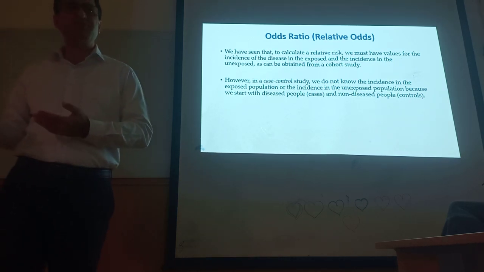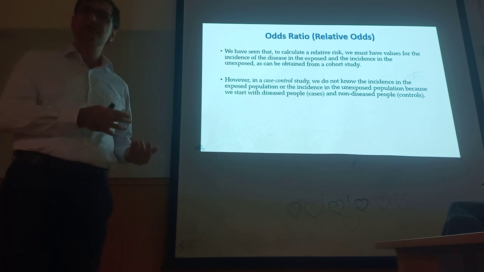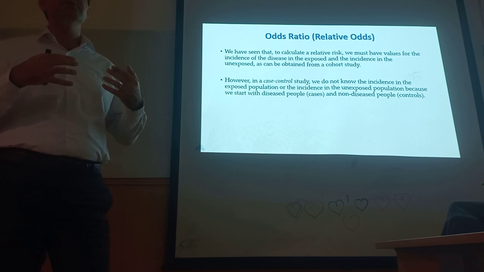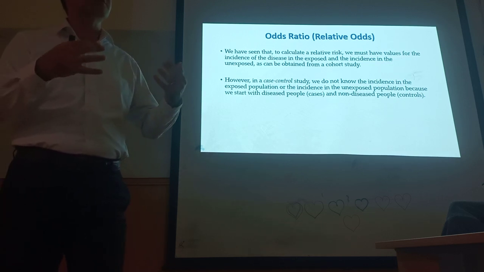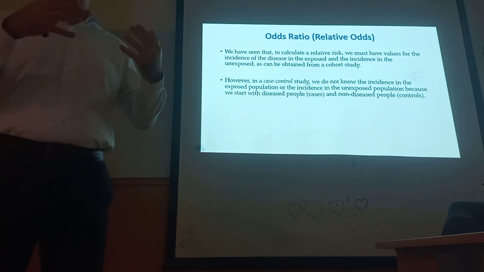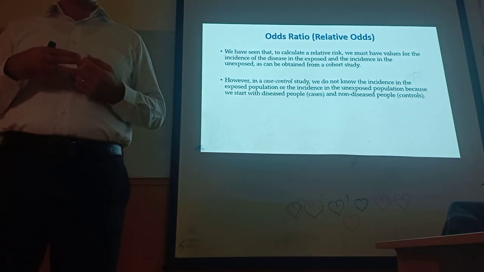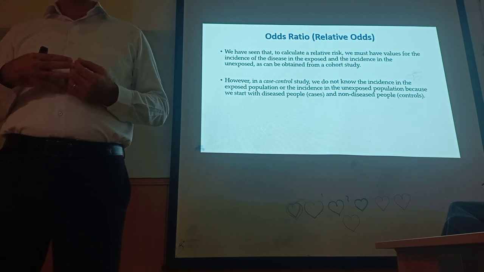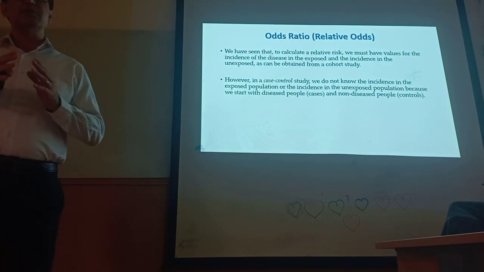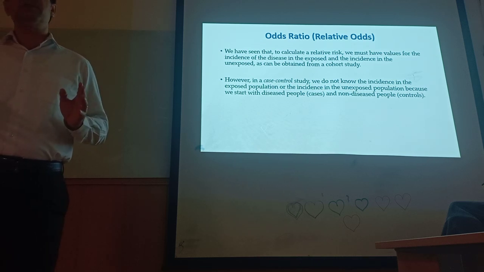We have those who are exposed and those who are not exposed, and follow them to see the development of the disease. So we can directly calculate the risk in cohort and clinical trial studies. But unfortunately, in case control studies, we cannot directly calculate the risk.